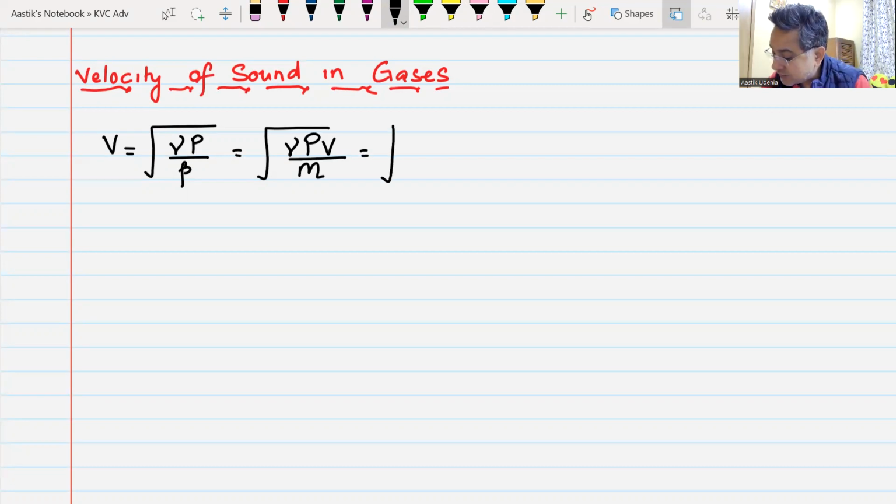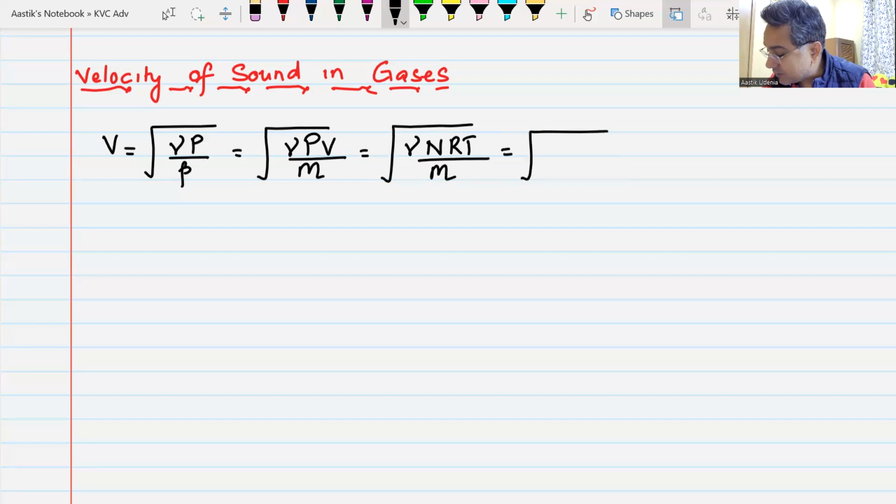Now you must know that PV is nRT. So you can write it as gamma nRT, number of moles, I hope you understand this, divided by the mass of the gas. The mass of the gas divided by the number of moles will give you the molecular mass of the gas.